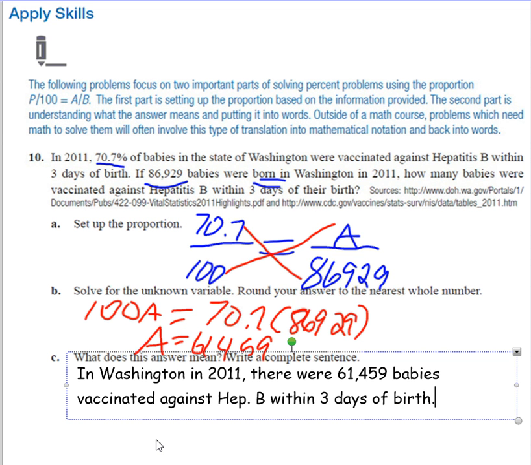That's a very specific, detailed answer as to what that A value represents that we solved for.